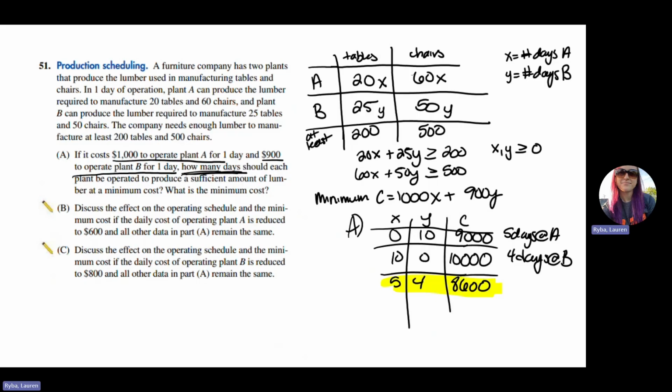Okay, so B says discuss the effect on the operating schedule and the minimum cost if the daily cost of operating plant A can be reduced to $600, but everything else remains the same. So I'm not changing any of my initial constraints, but management is able to adjust the cost to produce at plant A from $1,000 down to $600.